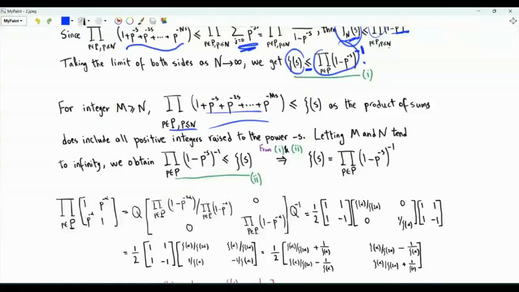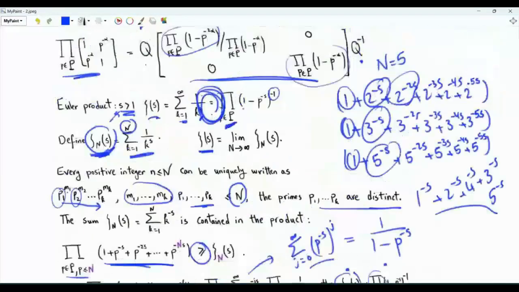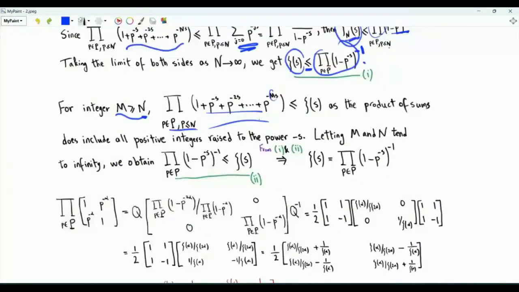We have this product of sums. Now the sum includes p to the minus s to the power m, where m is an integer less than or equal to M. Now this product of sums, if we expand it like what we did here, we get a finite number of terms. What we get is less than or equal to zeta of s. Take the limit of both sides as big M and big N tend to infinity.